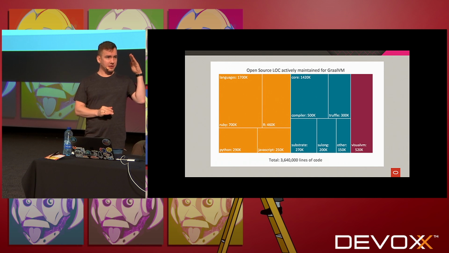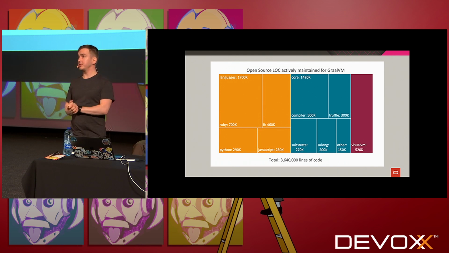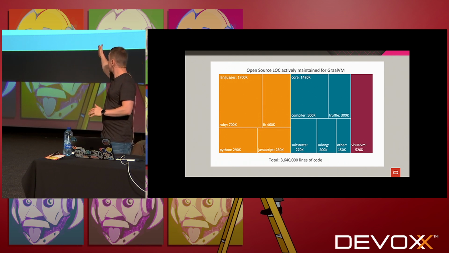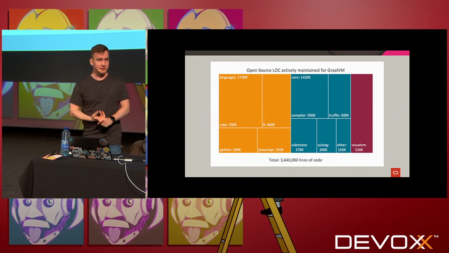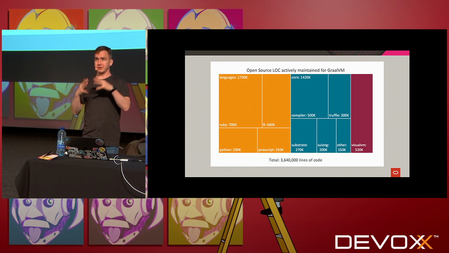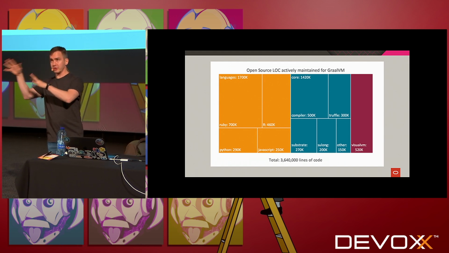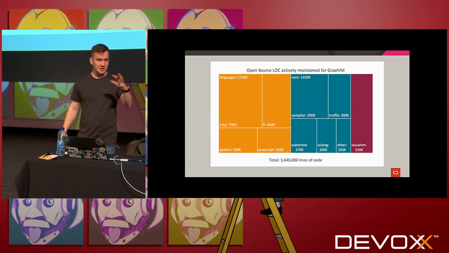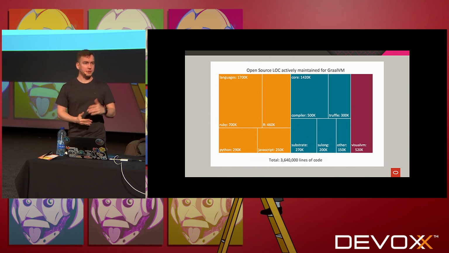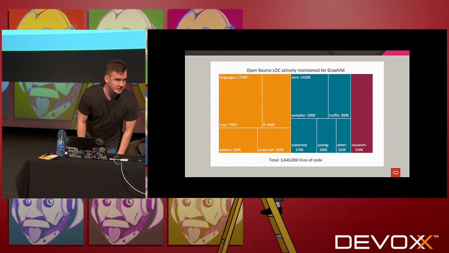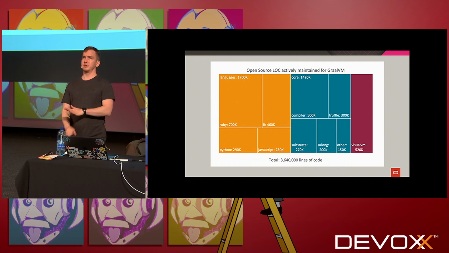So we have the language implementations, quite a bit of them, and they take almost half of the code that we maintain. There is the compiler. There is the Truffle, which is the framework for creating programming languages. There is some tooling, and there are some others, right? So all in all, it's 3.6 million lines of code, which is a very substantial project.